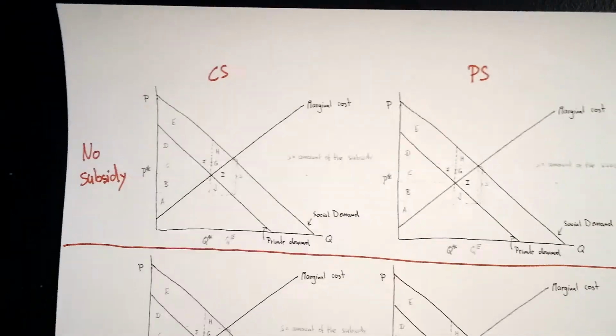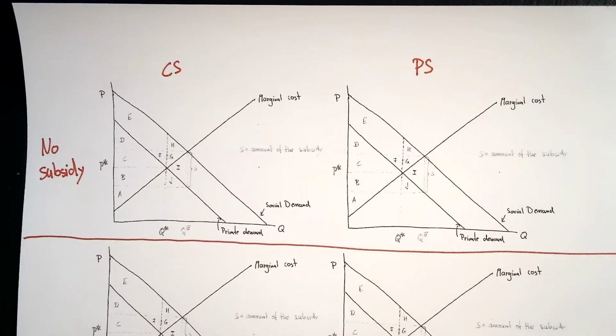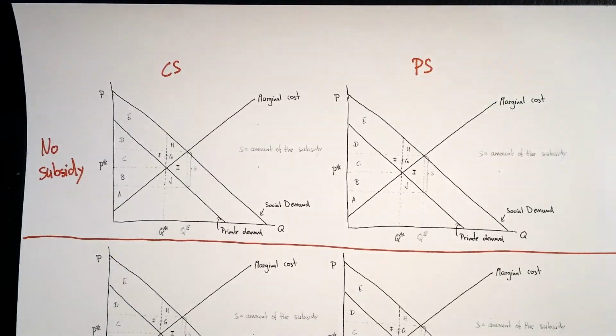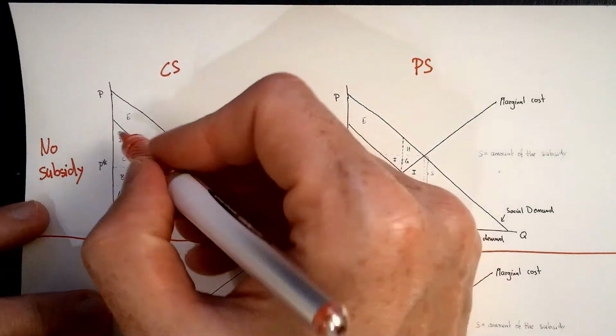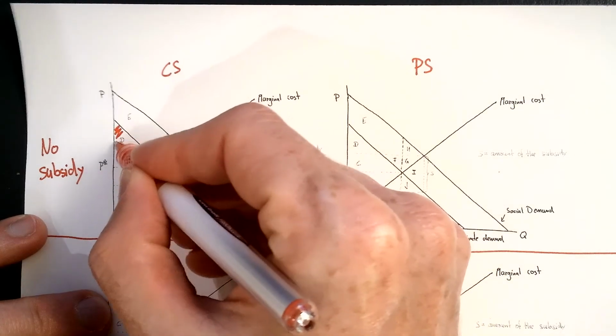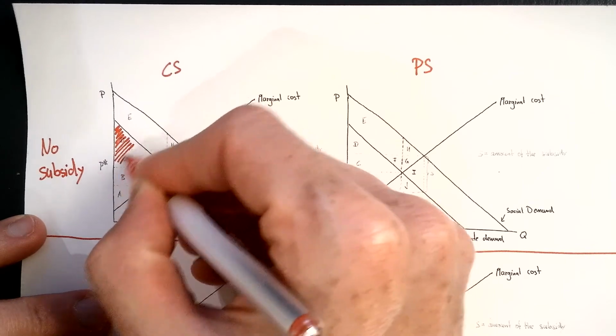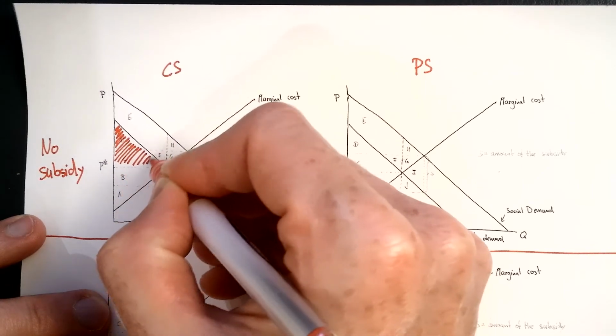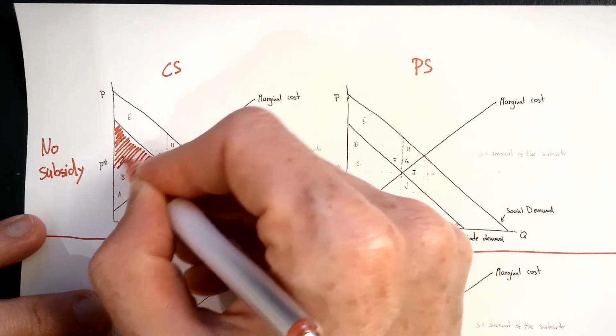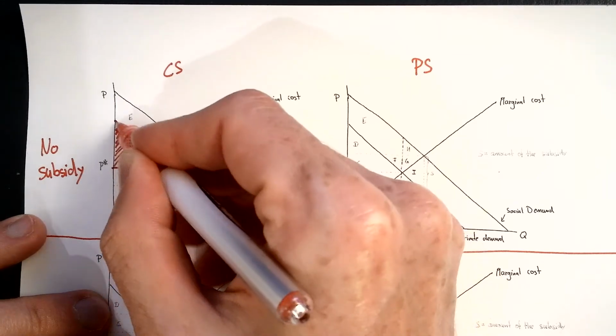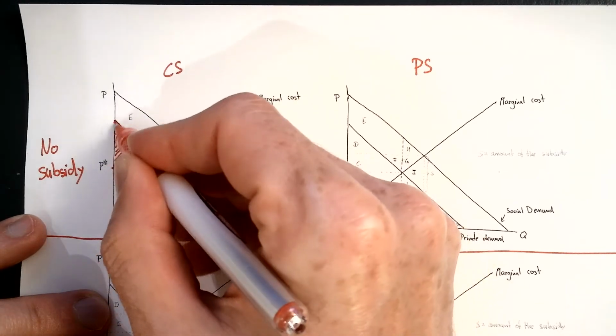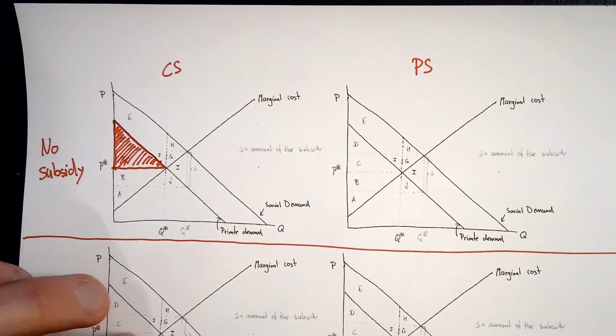When we have no subsidy, the consumer surplus is simply C plus D, everything above the equilibrium price and below the private demand function.